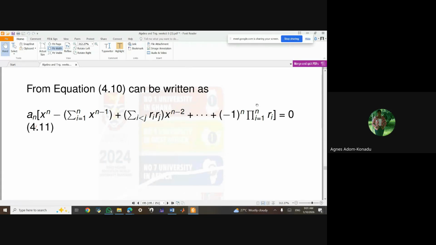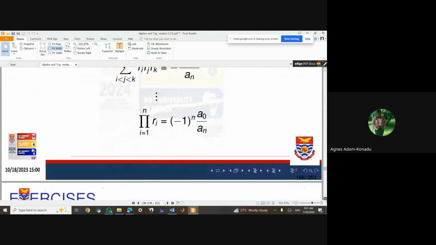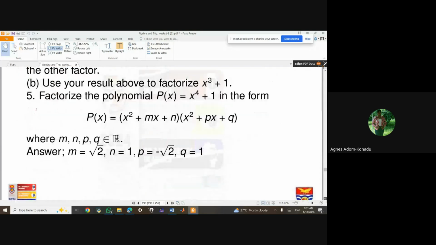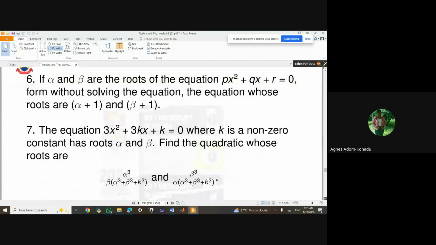Any mathematician will know that you want to multiply the Ks, from 1 up to n. So that is what this one means. So you have some questions here, you can go through them.